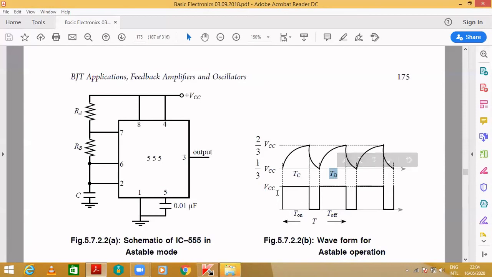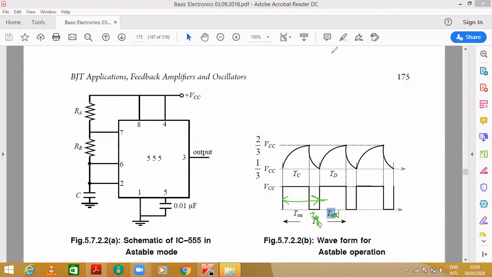Actually, this is not T off, this is your T off, and this is T on. So this complete cycle, off and on time, is the complete cycle. T on plus T off is the period of the cycle.